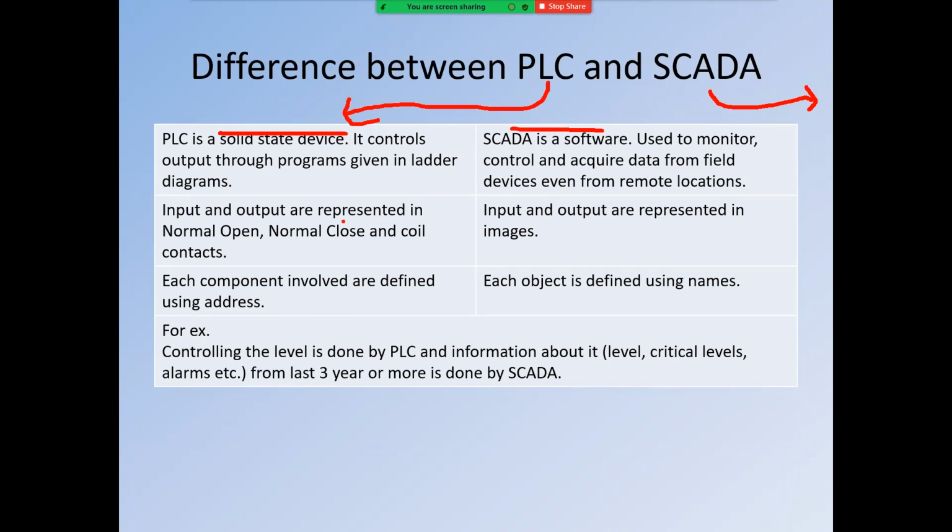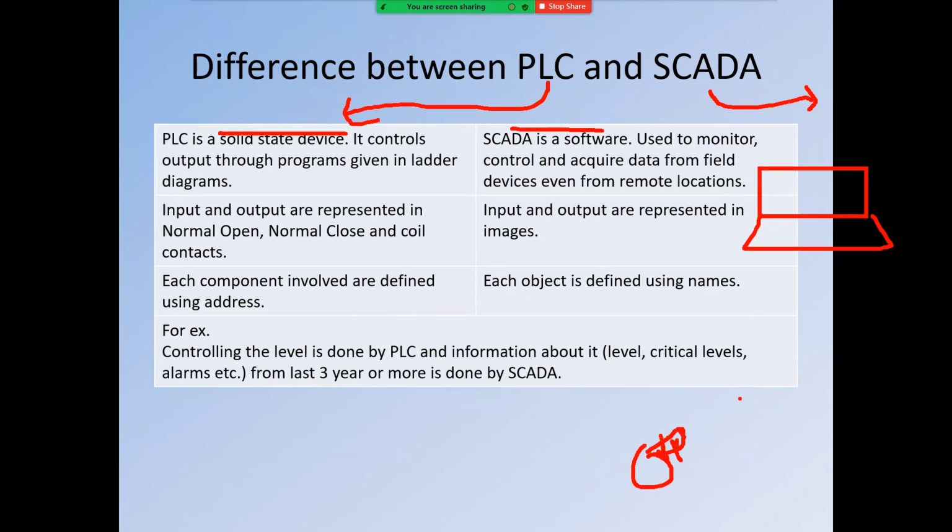Correct. And we can connect multiple inputs to this, but we cannot control without the PLC, because software is software. Let's say you have software in your PC and your device is here, like a motor, and you have to control that motor using this SCADA.